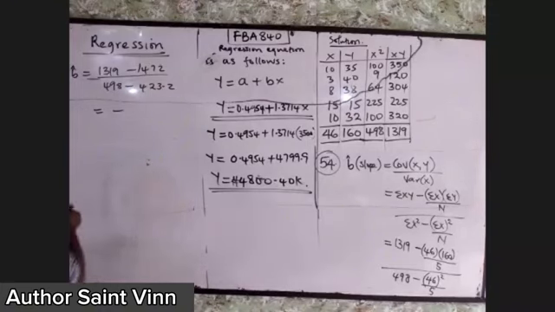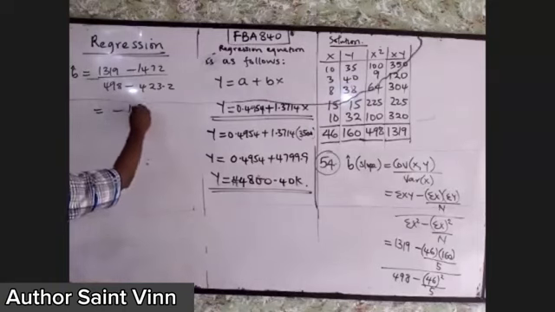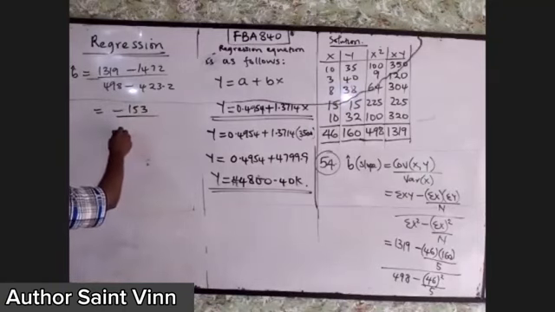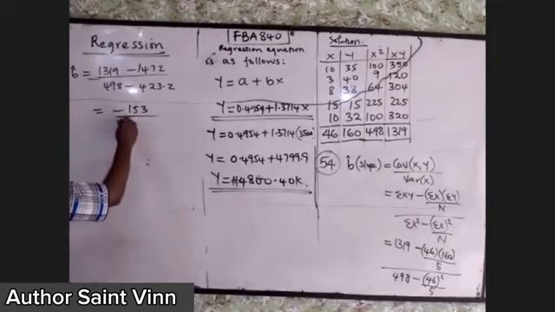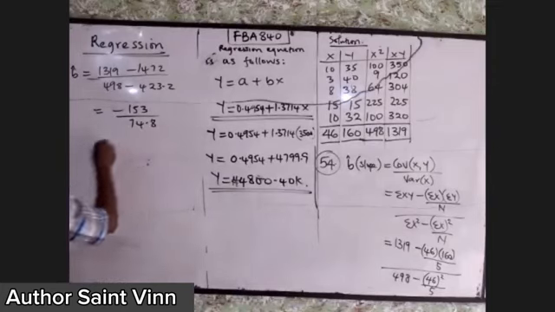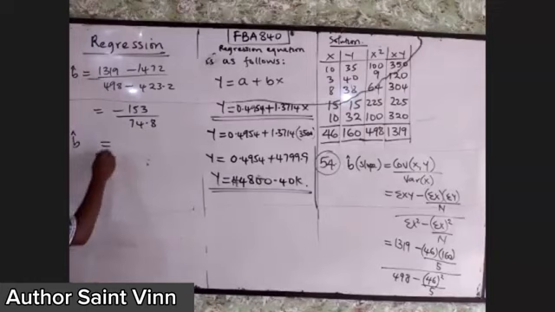Minus 153 all over 74.6. What's the answer? 2%. Yeah. Minus 2%.